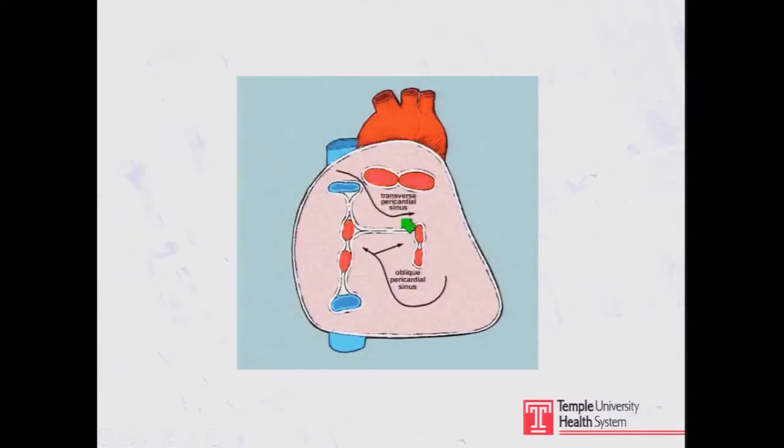And the transverse pericardial sinus is the potential space between the great vessels, whereas the oblique pericardial sinus is below that. So that was the transverse pericardial sinus. The oblique pericardial sinus is the one that fills with pericardial effusion that we see causing tamponade.